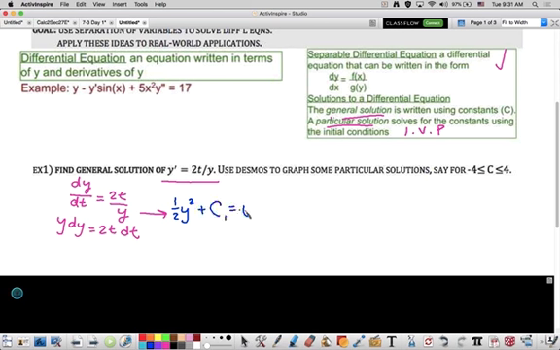Could you maybe explain, for those who may have forgotten, the reasoning why it would be dy over dt?